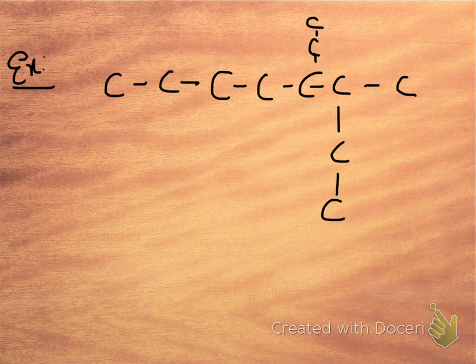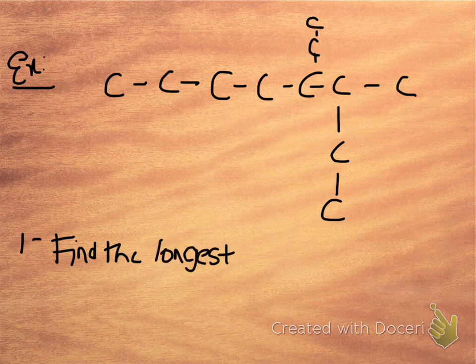Rule number 1 is find the longest chain. Longest chain means there should be a greater number of atoms in the chain. So check which one is the longest chain.